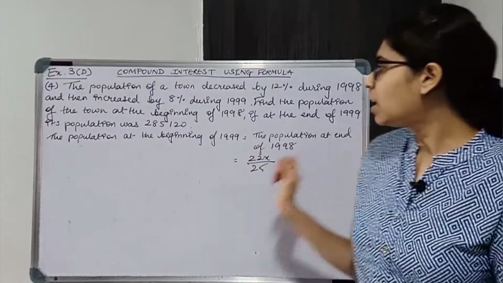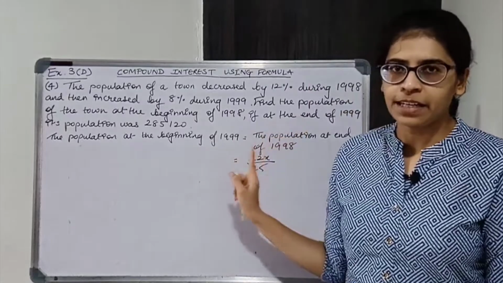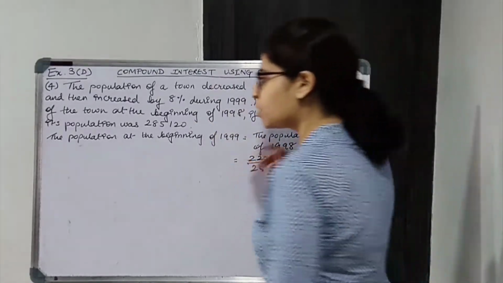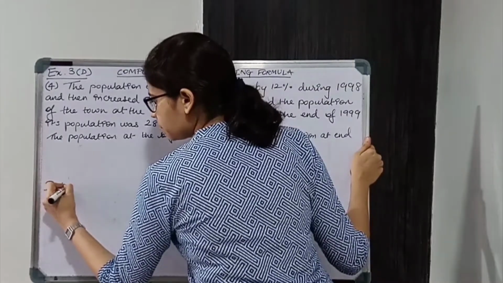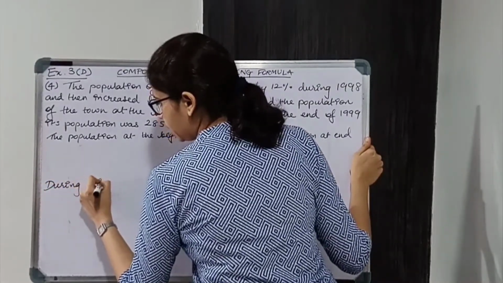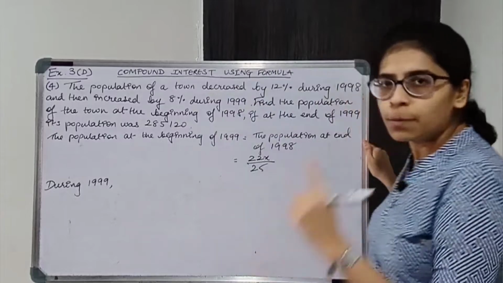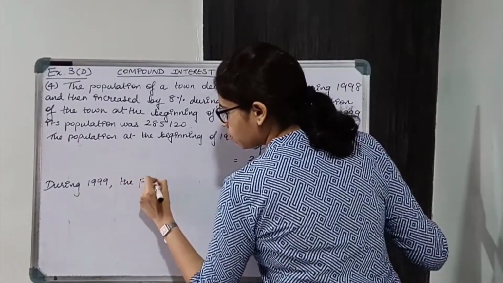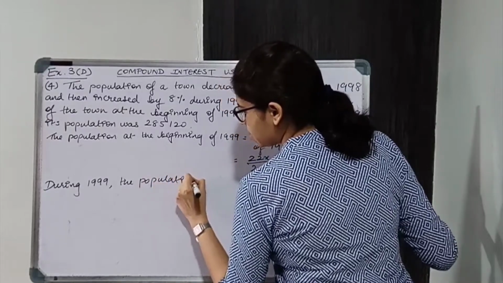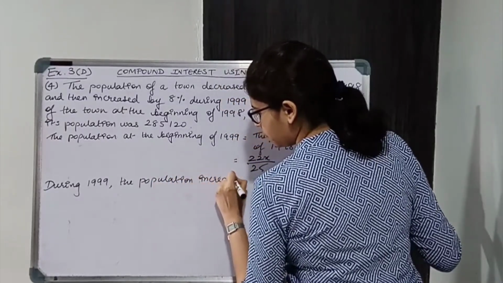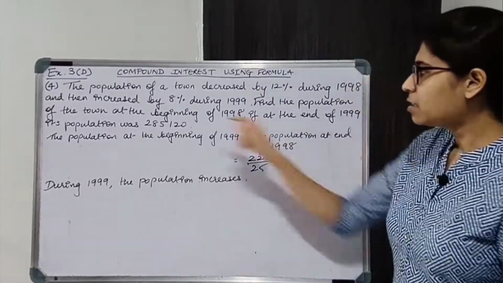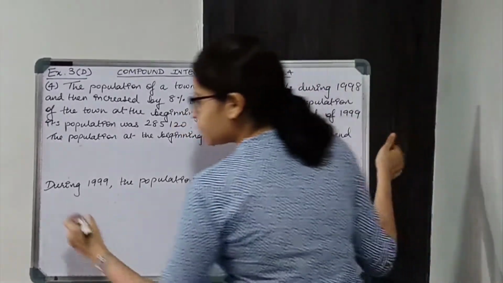Okay, now this is the population at beginning of 1999. Let us write down all the information for 1999. So during 1999, we know the population is increasing, so just write down the population increases. Now R is 8%, it increases by 8%.